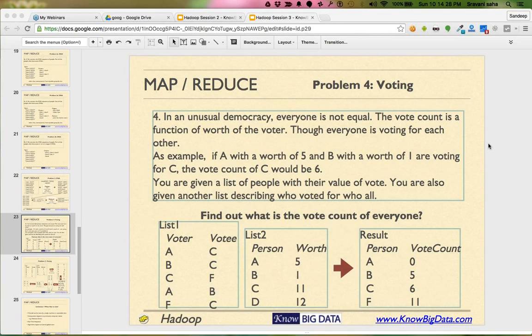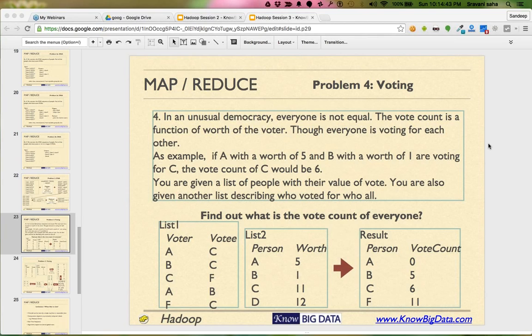If you think about how Google ranks various websites, it's based on how many other websites are linking to them and what is the rank of those websites.